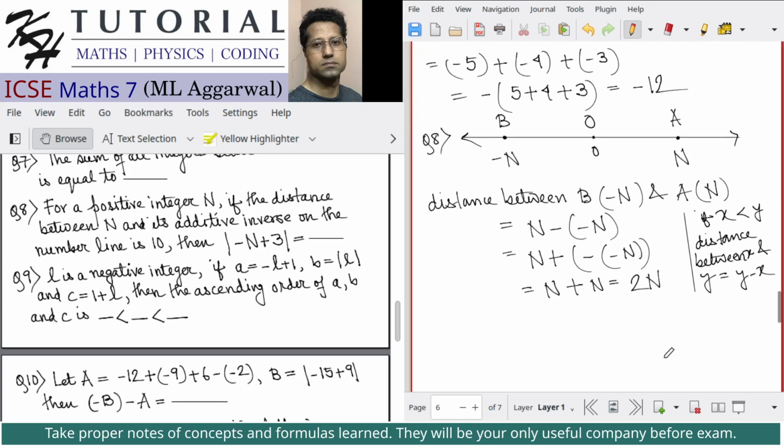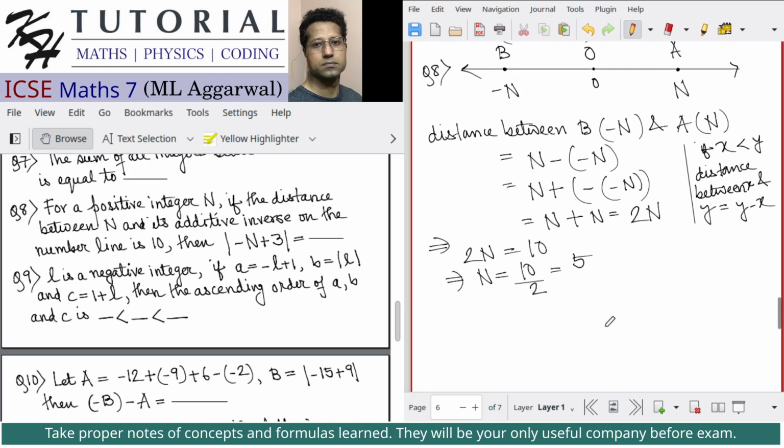So the distance between the positive integer n and its additive inverse is twice n, which is given to be 10. So twice n is equal to 10, which implies n is equal to 10 by 2, which is equal to 5. So the value of the positive integer n is 5.